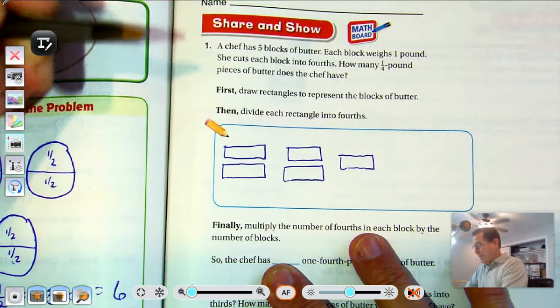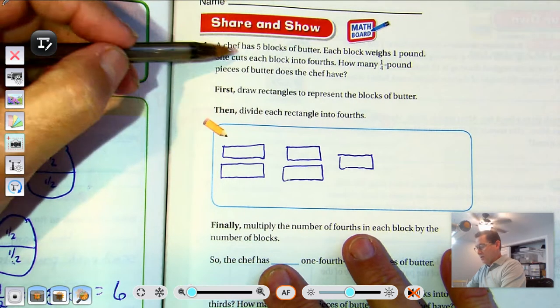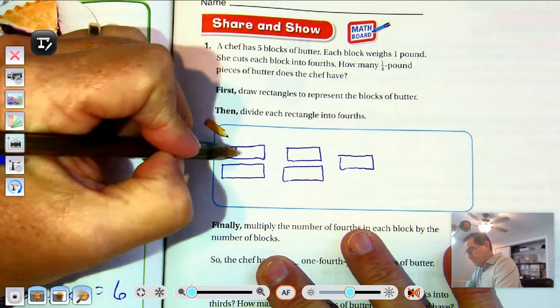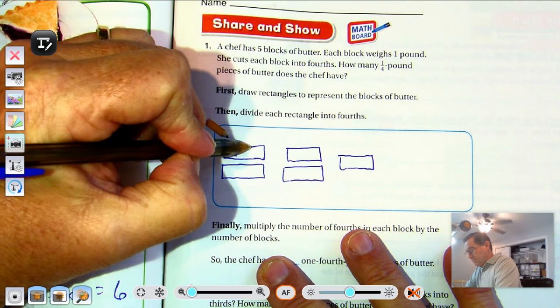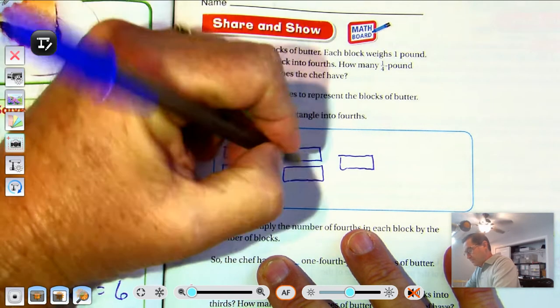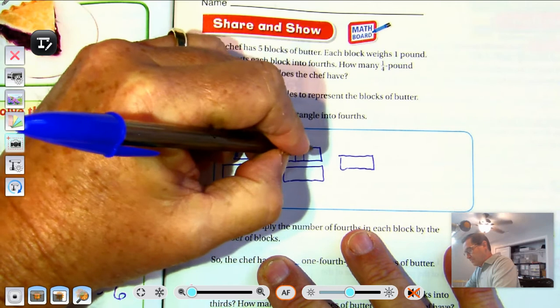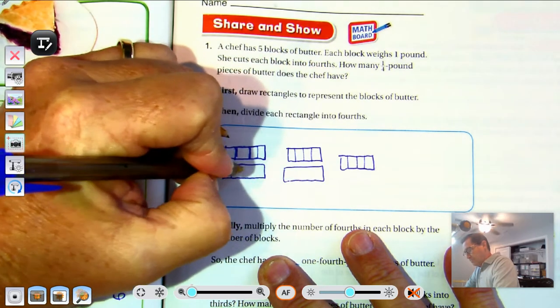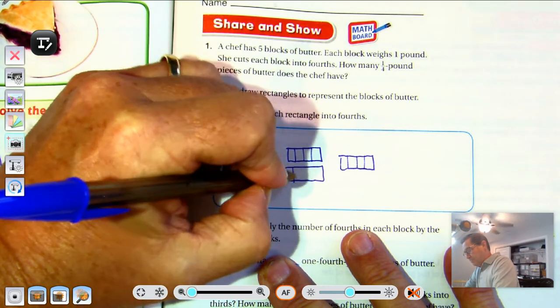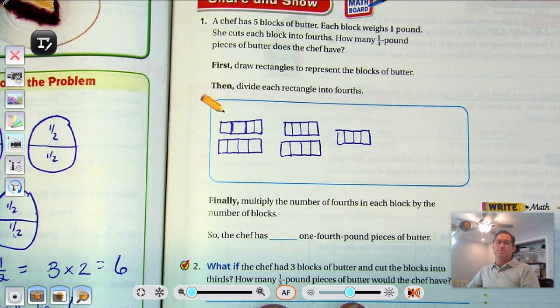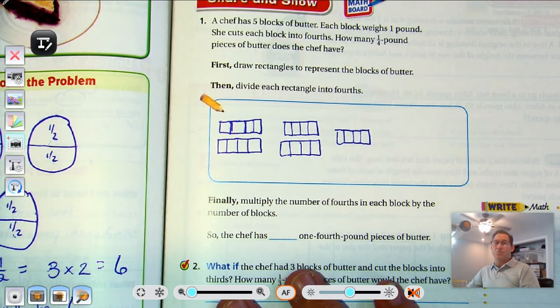All right, and now we're going to take each of those blocks and cut them into fourths. All right, so we've cut each of the blocks of butter into fourths.